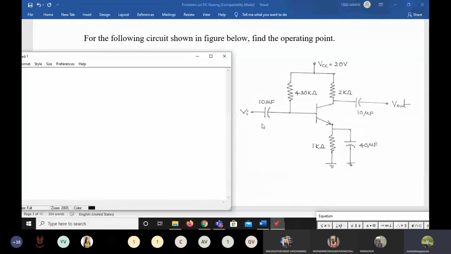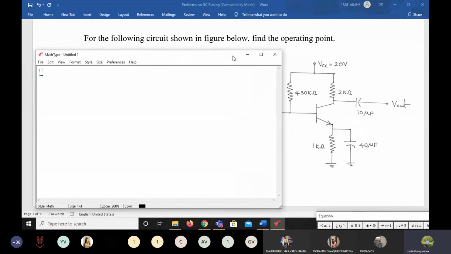So I am applying KVL to the base circuit.